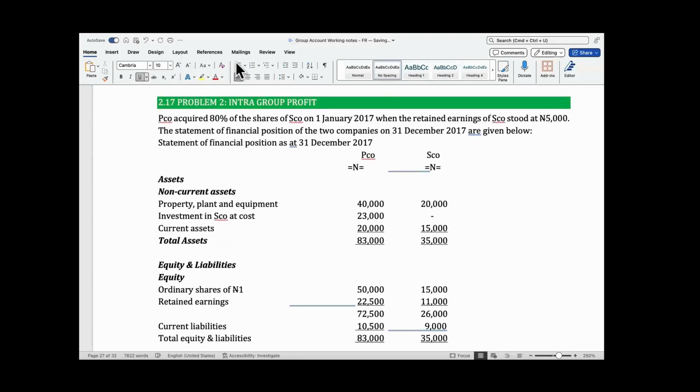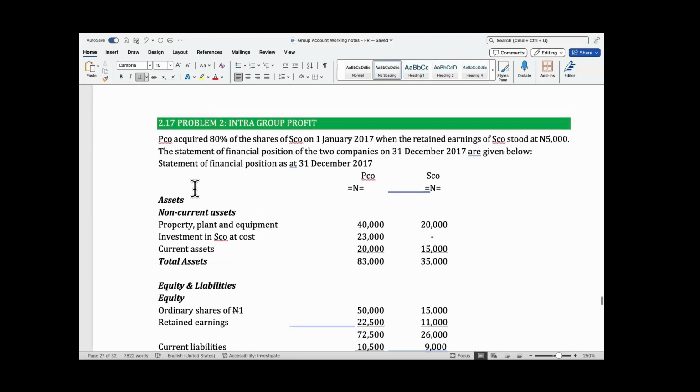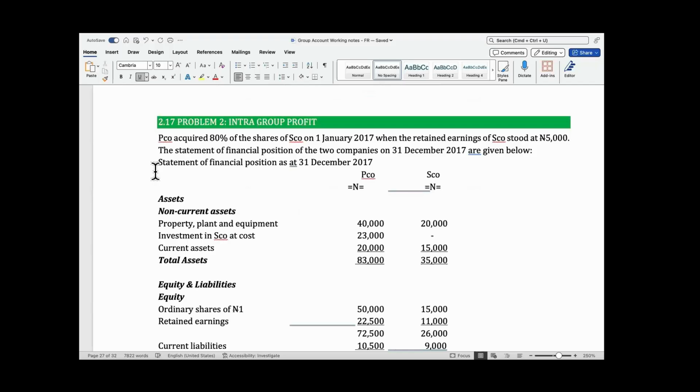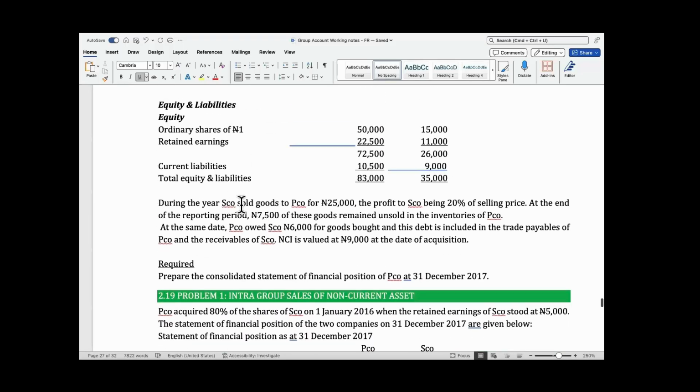Now this one states that Pico acquired 80% of the shares of ESCO on 4th January 2017 when the retained earnings of ESCO stood at 5,000. The statements of financial position of the two companies on 31st December 2017 are given below. And it tells us that ESCO sold goods to Pico for 25,000.